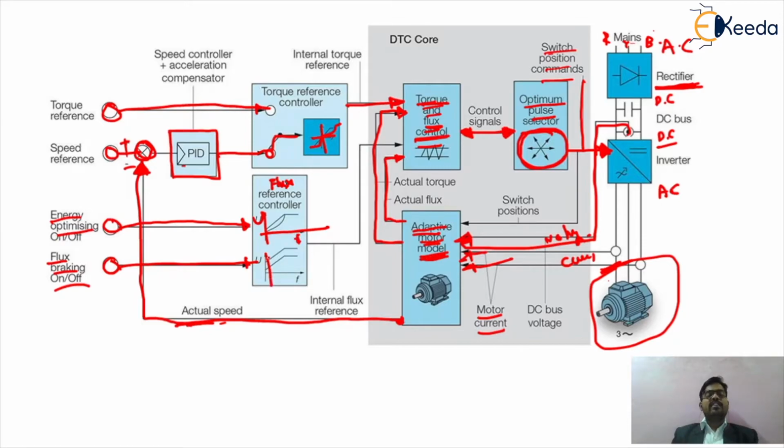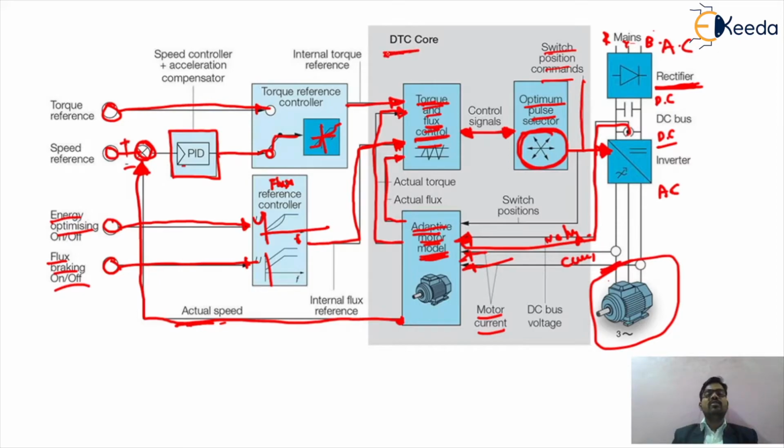Along with that, we can control the value of your flux, and by controlling this flux value, we are giving this input to your torque and flux controller. By means of directly controlling the flux and torque, we can select the value of your optimum pulse selector. So friends, in this way we can control, that is DTC.